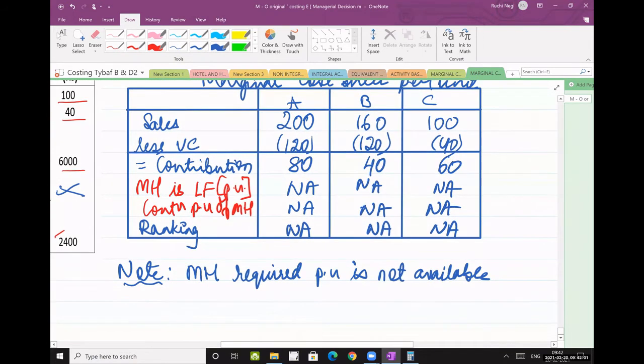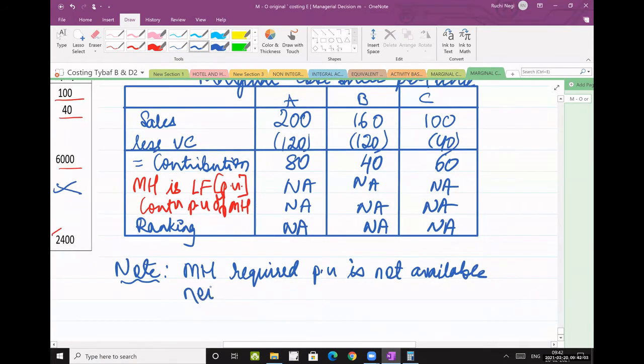Neither it can be computed. हाँ, हम निकाल भी नहीं सकते, ऐसा information भी नहीं है. Neither it can be calculated from the given information.